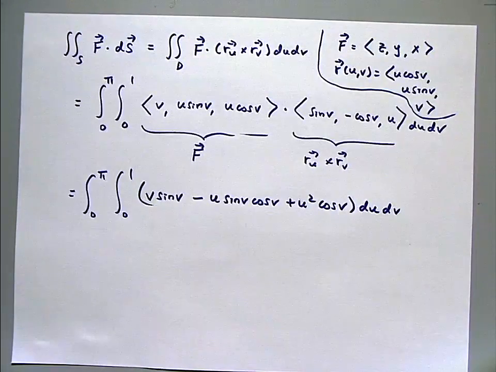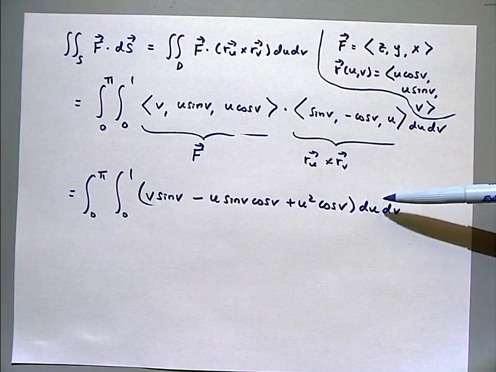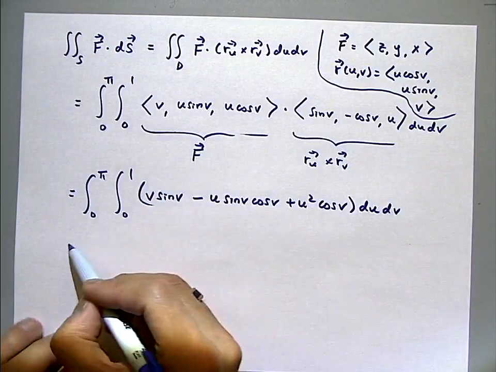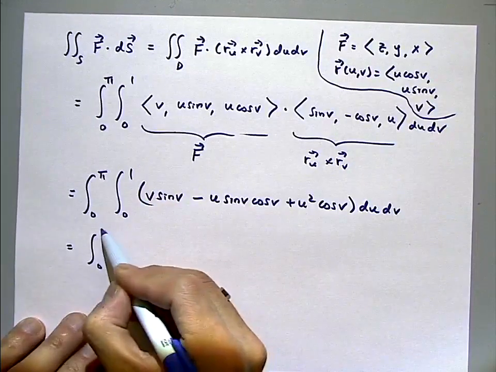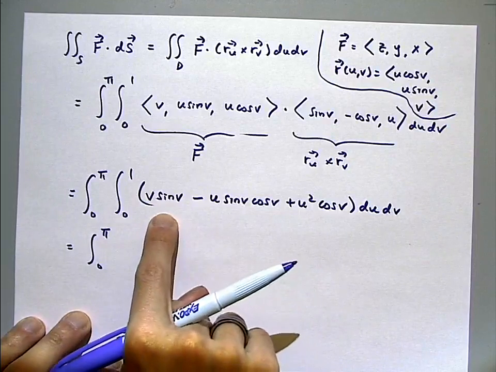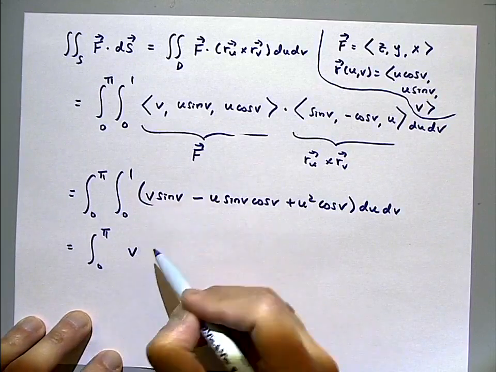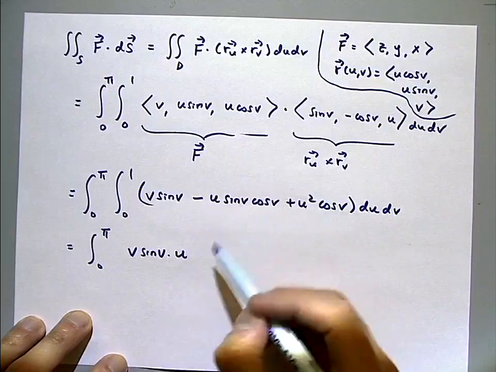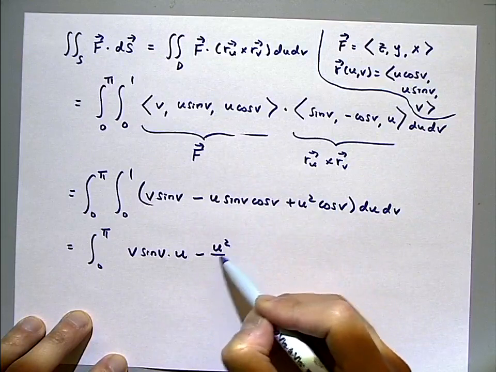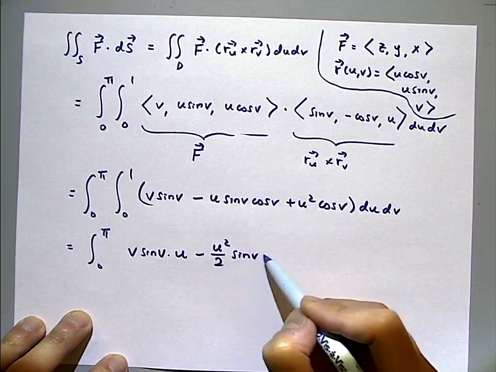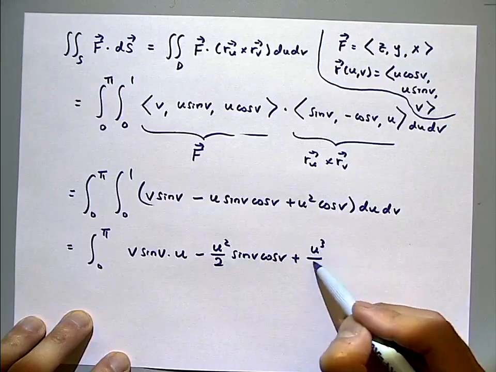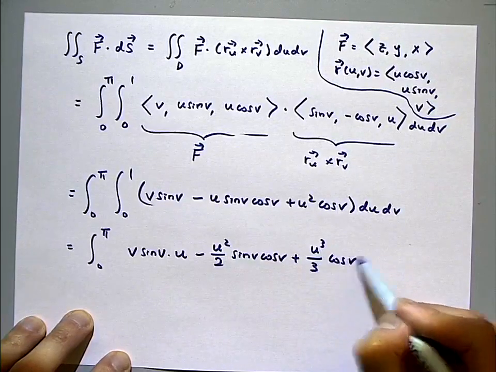The first round of integration is with respect to u. U goes from 0 to 1, so that's actually pretty easy to do. This guy doesn't have any u, so he gains a u. Here we already have a u, so that's minus u squared over 2 sine v cosine v, and then u cubed over 3 cosine v.